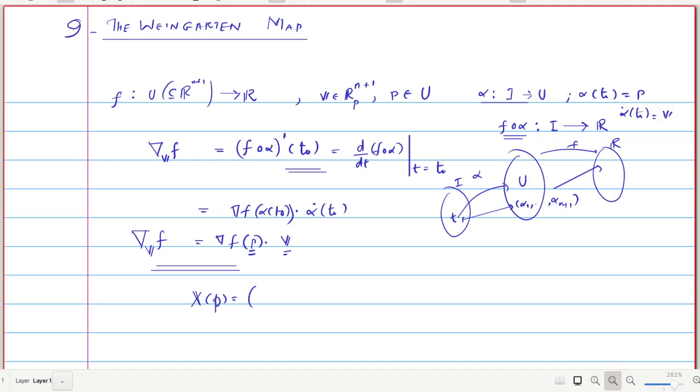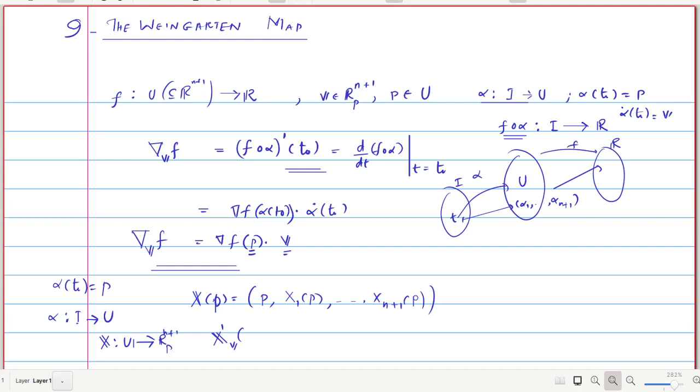a vector at P. Okay, that is, this is x1 of P, etc., x n plus 1 of P, and if we have alpha such that alpha of t naught is equal to P and alpha is a function from I to U, and this X is defined on U to R n plus 1, or any arbitrary vector field, then you can say that the derivative of this X along the direction of some V, we can define the derivative of this.